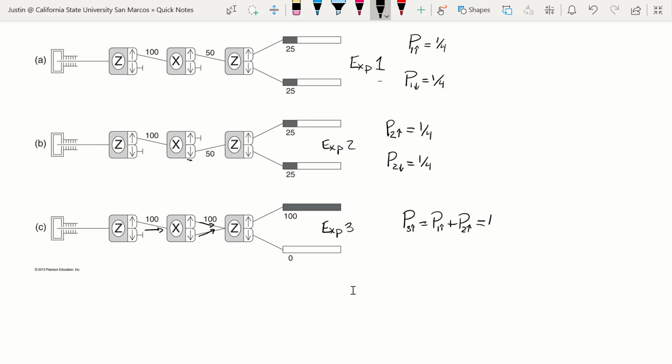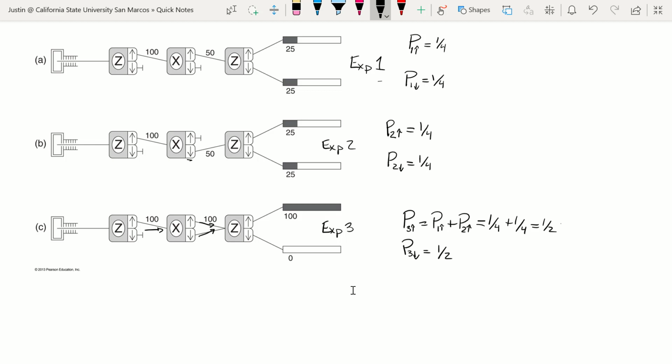So we would expect this to be 1/4 plus 1/4, or a half, or 50% of our beam would be up, and likewise for spin down, we would expect this to be a half as well, just by adding the probabilities from these two experiments.